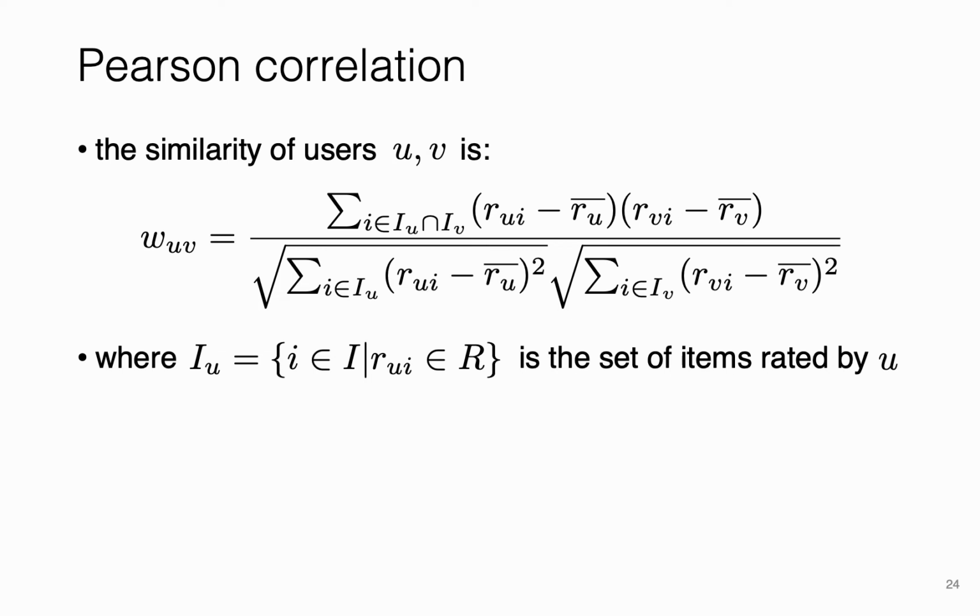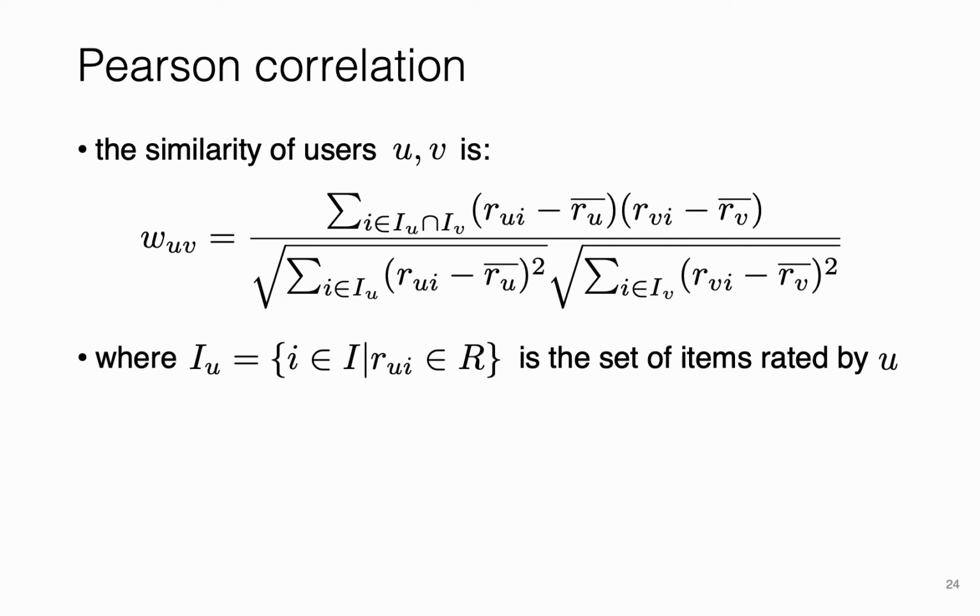Here is the formula for the PCC of user U and V. Let's see first what the numerator computes. It looks at each common rated item and sums a term. This term is the product of the rating deviations of user U and V. Let's examine this product in more detail. If both users agree with positive deviation, say +2 stars, then the product is a positive number, 4.